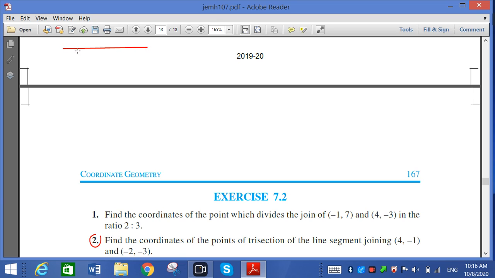We make a line and write A here and B here, and the points, that is P and Q. Now we know that AP is equal to PQ is equal to QB.